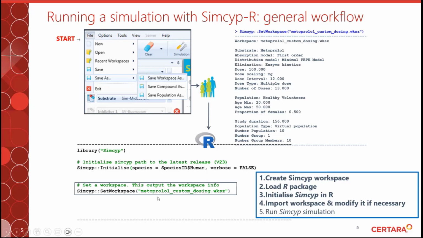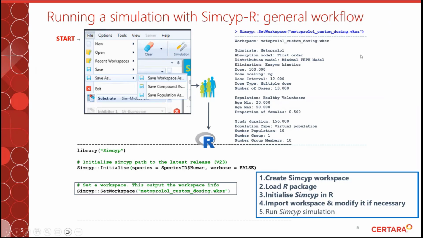Once you've imported a workspace, so in this example, we're using a function called setWorkspace to do this. And within that function, you specify the workspace name with the extension WKSZ. What this will do for you is spit out a summary of that workspace that you've imported. So this is a good indicator to just check that you're importing the right workspace.